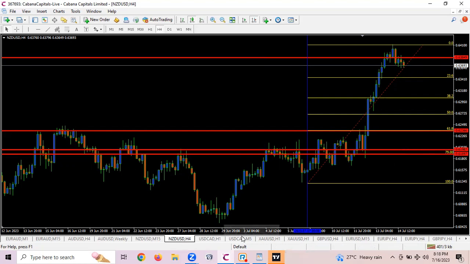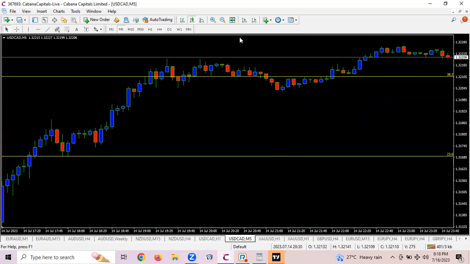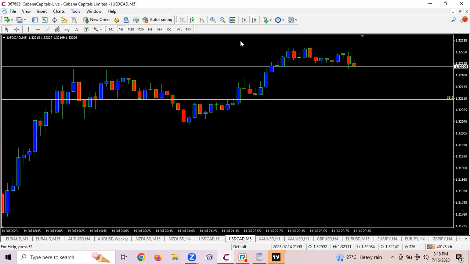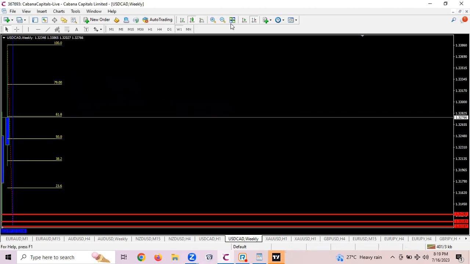Okay, let's look at USD CAD, starting from the weekly.